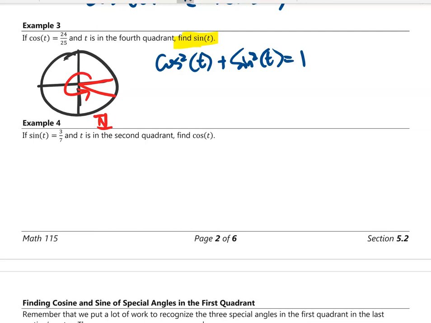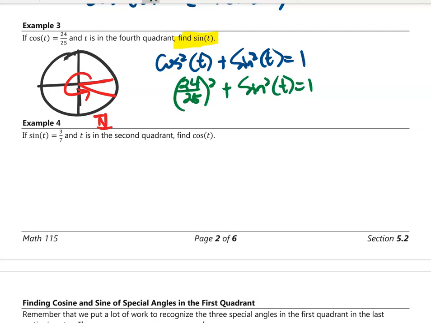Cosine is 24 over 25 squared, plus sine squared of t is equal to 1.